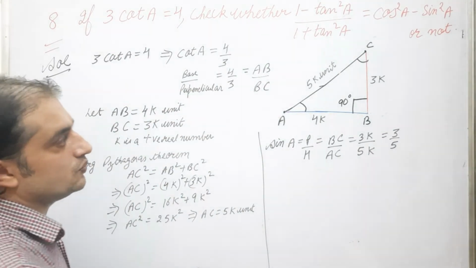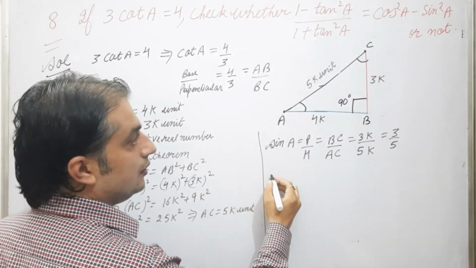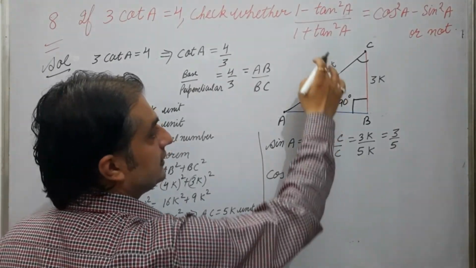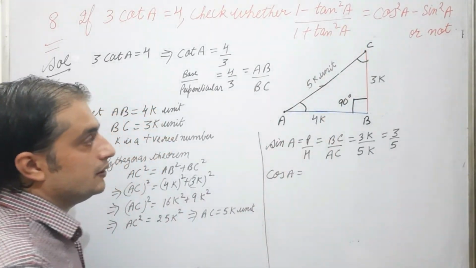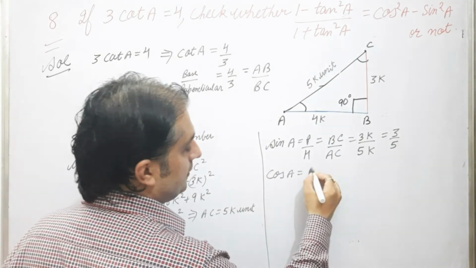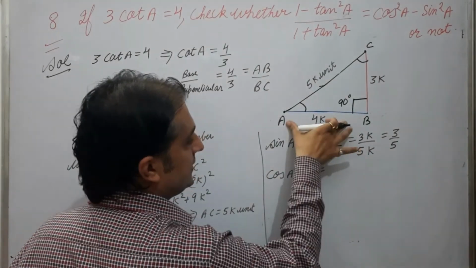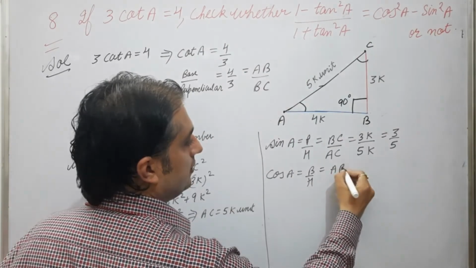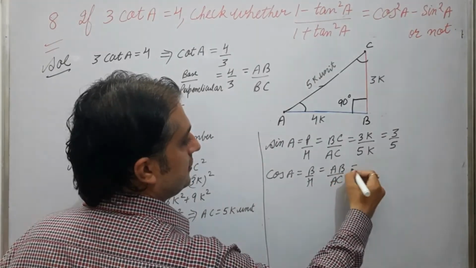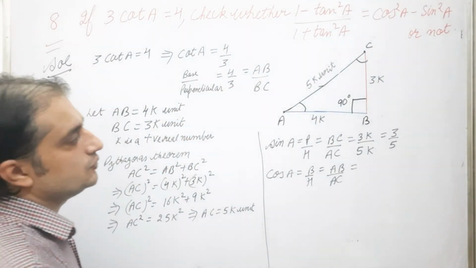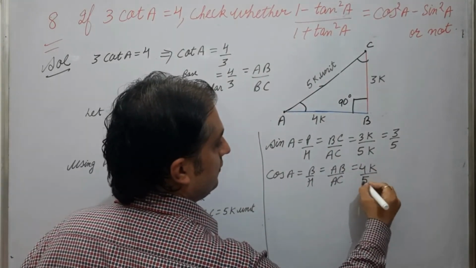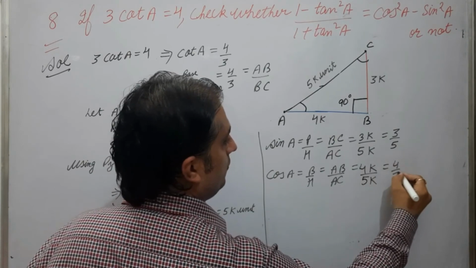So this is the T ratio for angle A. Next is cos A, because you need this T ratio for the right hand side also. So it will become base upon hypotenuse. The base, the side adjacent to angle A, that is AB upon AC. So AB is 4K and AC is 5K. Again it will become 4 upon 5.